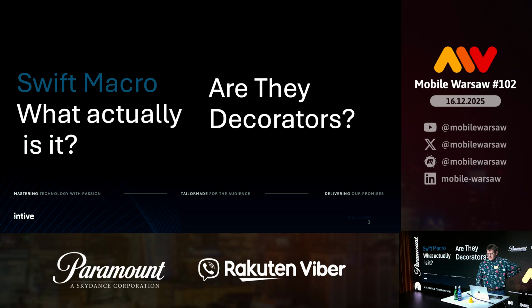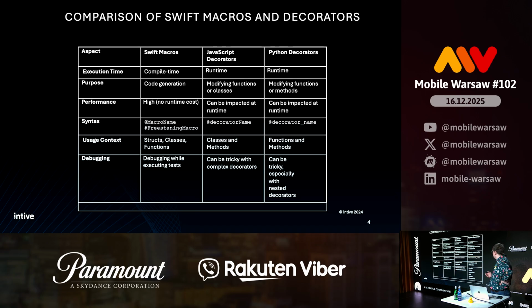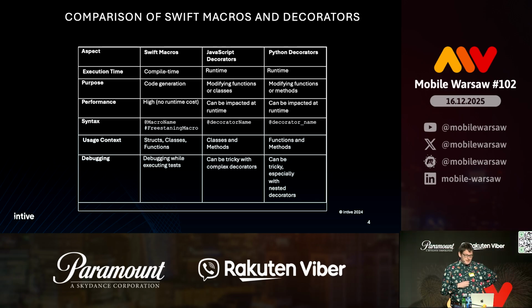So I will show the main differences. The first is the execution time. Swift macros work in compile time, and decorators in JavaScript or Python work in runtime.